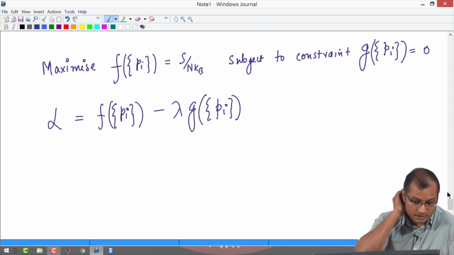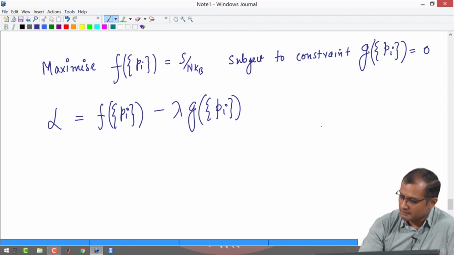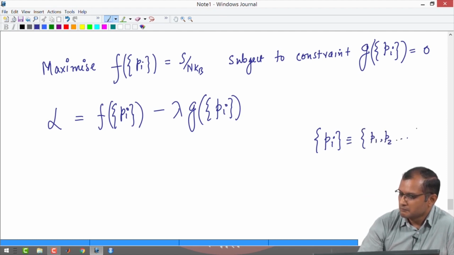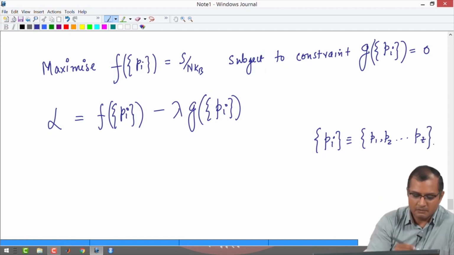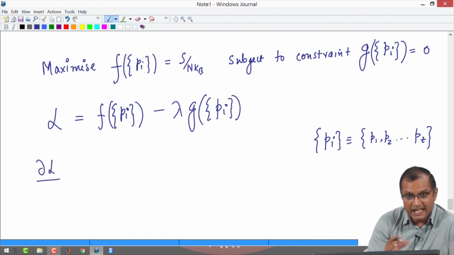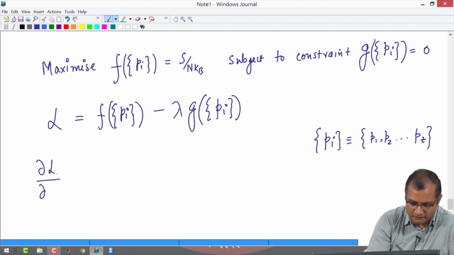And you know that these are my variables, on which my function depends. So, I take some variable p j. There are basically n equations, and I will write only one of them.